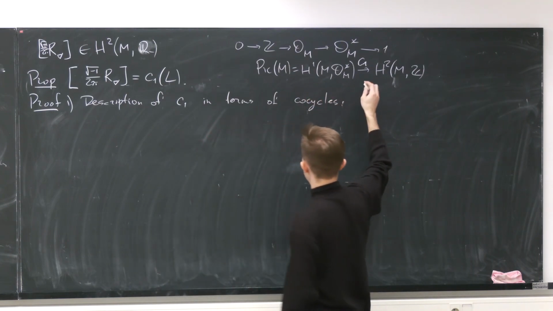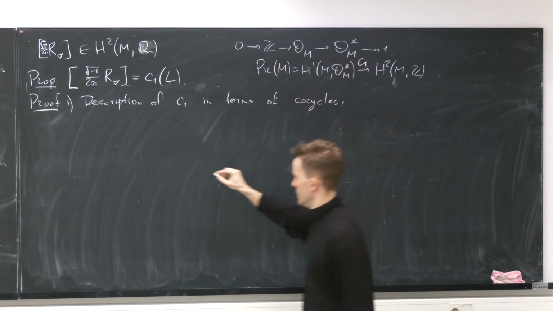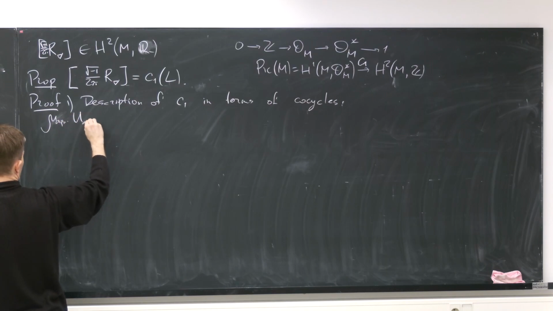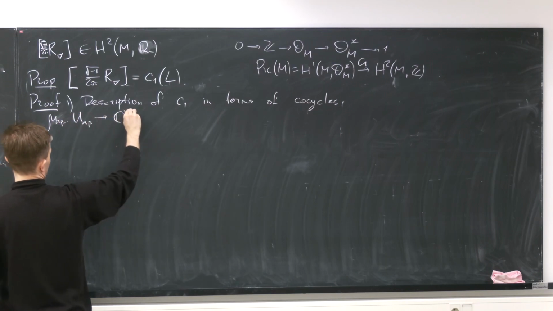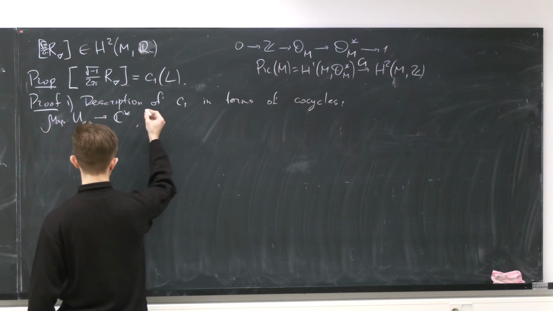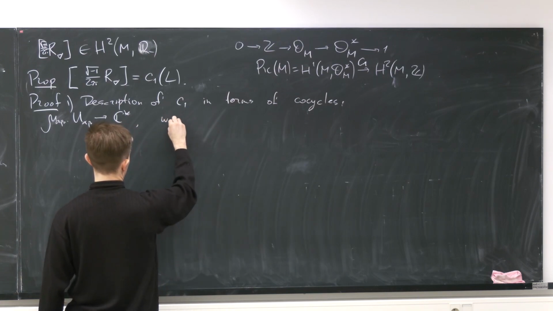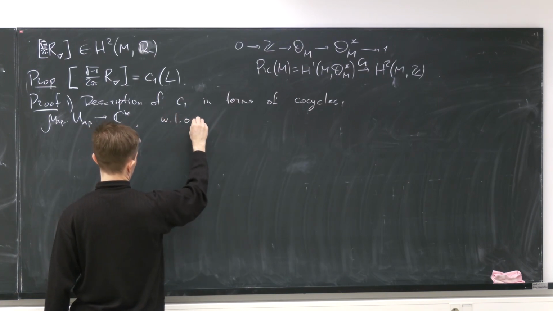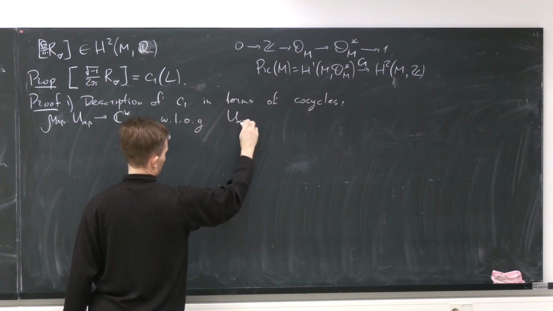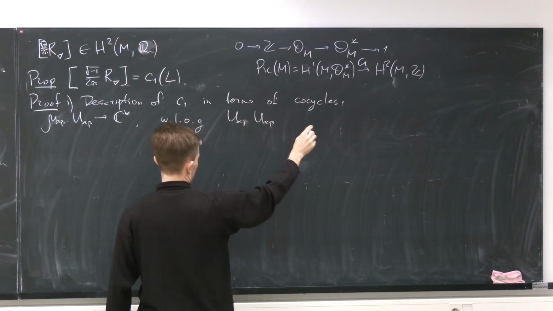So we have our line bundle, and it is given by one cocycle mu alpha beta. So these are some holomorphic functions that satisfy the cocycle condition, and we may assume, without loss of generality, that all those open sets are contractible.